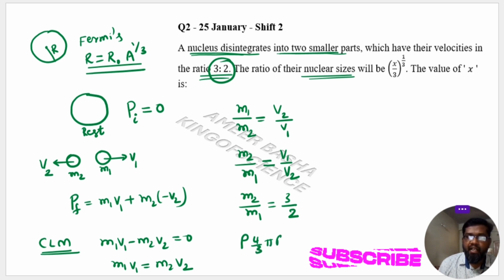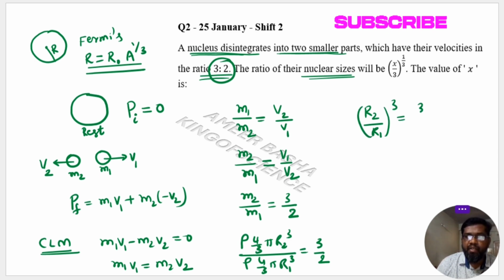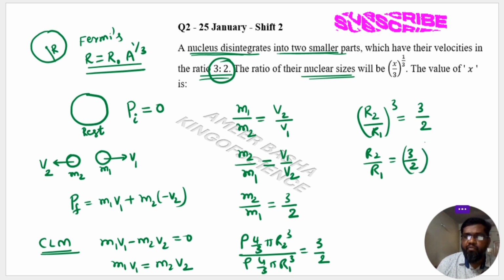So 4 by 3 pi r2 cube rho divided by 4 by 3 pi r1 cube rho is equal to 3 by 2. Remember, density of the nucleus is constant. For any nucleus it is constant. That is R2 by R1 whole cube will be equal to 3 by 2. So from here R2 by R1 will be equal to 3 by 2 whole power 1 by 3.